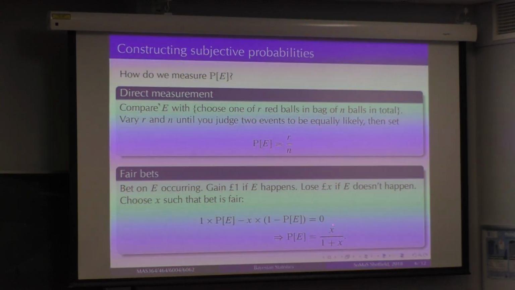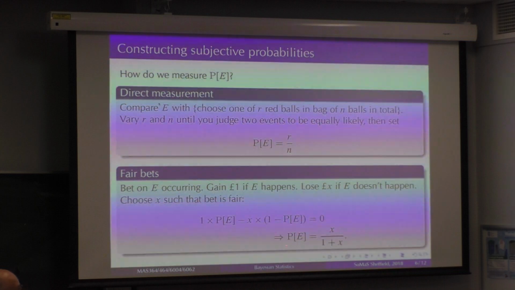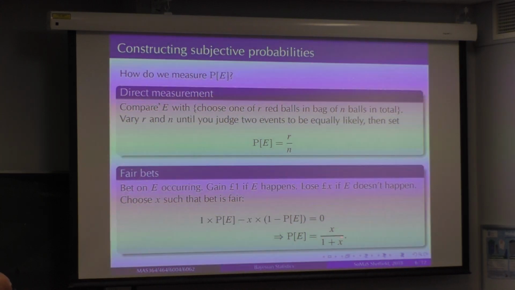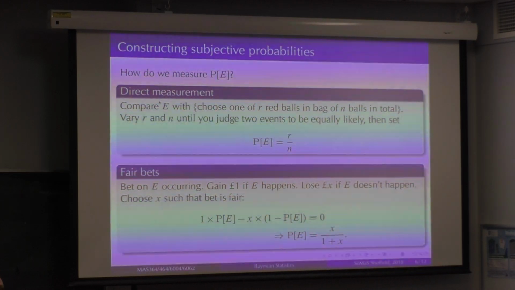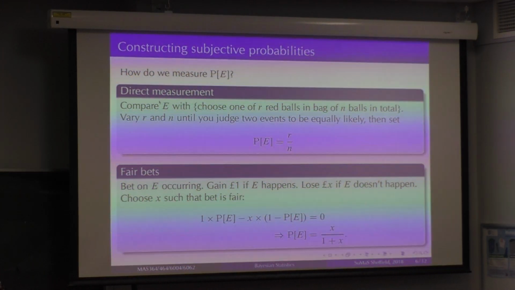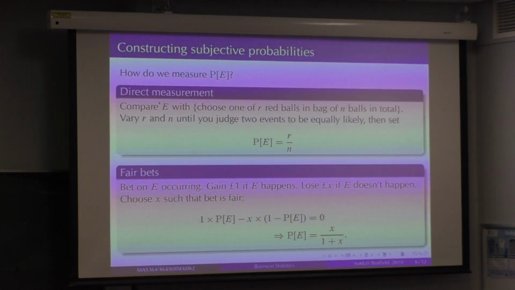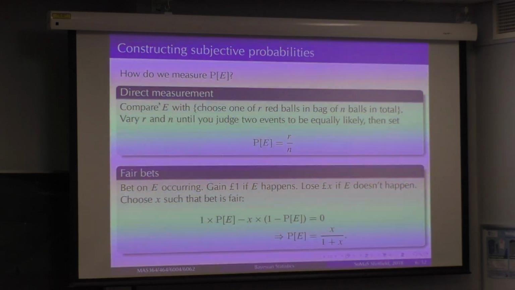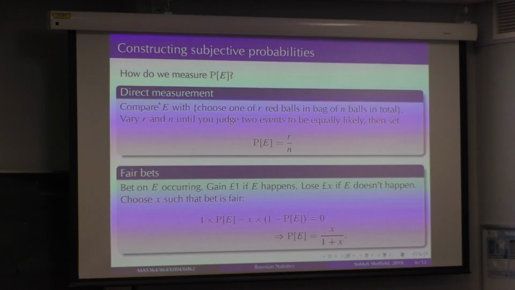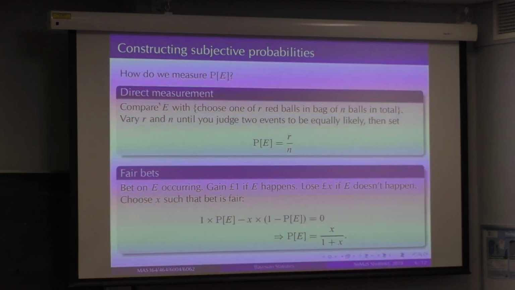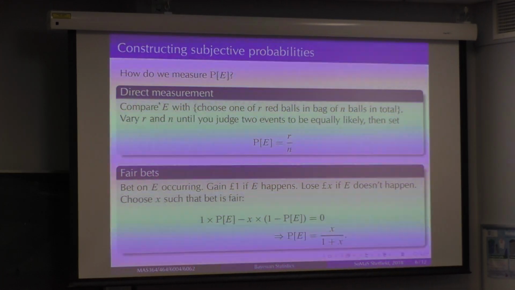So if we solve for that, the probability is basically X over X plus 1, and X, if you've ever bet in your life, those are the odds, right? That's what you see all the time on the telly about betting, odds of this to that are ways of representing a subjective probability.